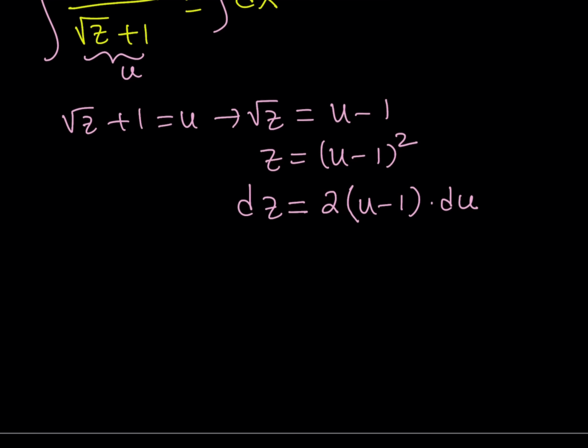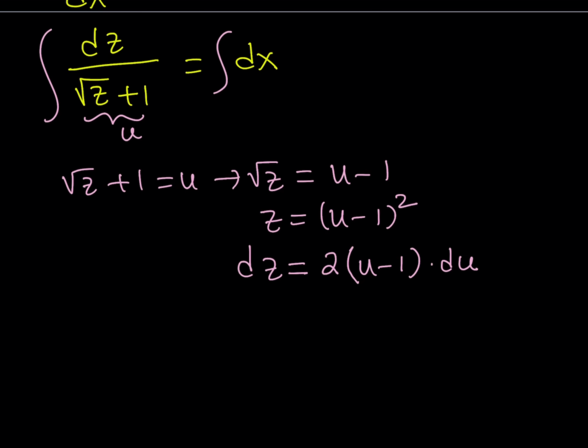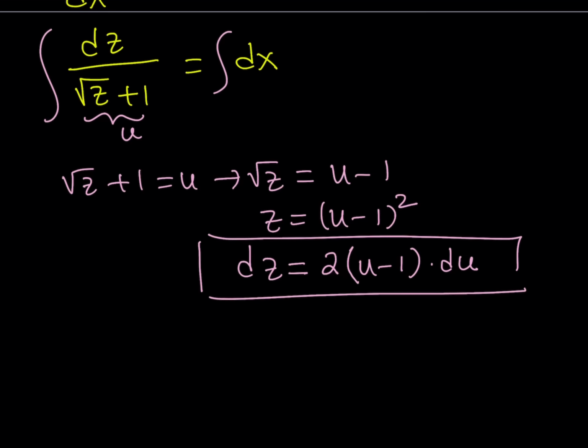Great. Now my expression is in z, but I want to turn it into u. So let's go ahead and replace dz with this and square root of z plus 1 with u. Those are the two replacements we're going to make.